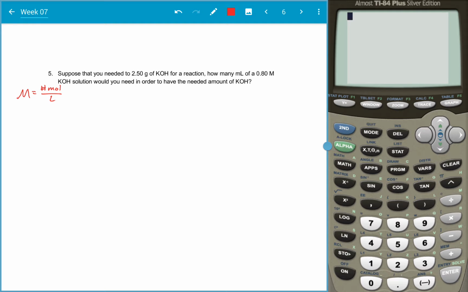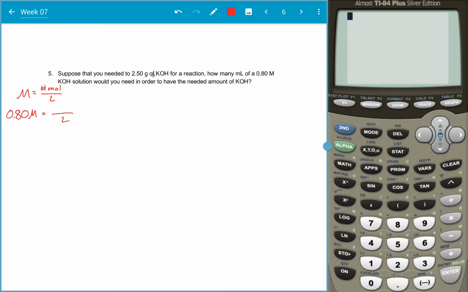Now, I look for numbers that I can plug directly in. I have my concentration in molarity, and that can substitute directly in. But for the number of moles and liters, I'll have to do a little bit more work.